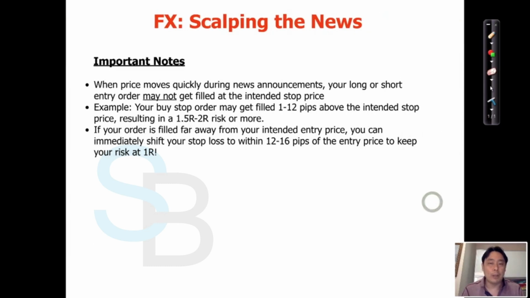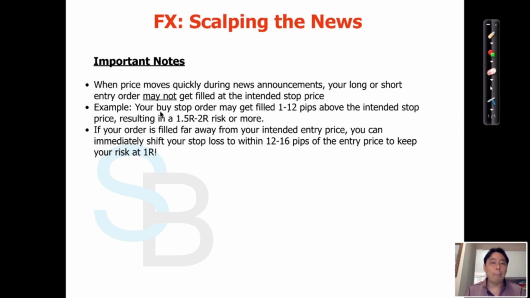Okay, everything's an eventuality. So, last 2 important notes about this strategy before we look at some case studies and I show you my recorded live trades. Again, when the price moves rapidly during the news announcements, your long or short order may not get filled at the intended entry price. Do remember that.